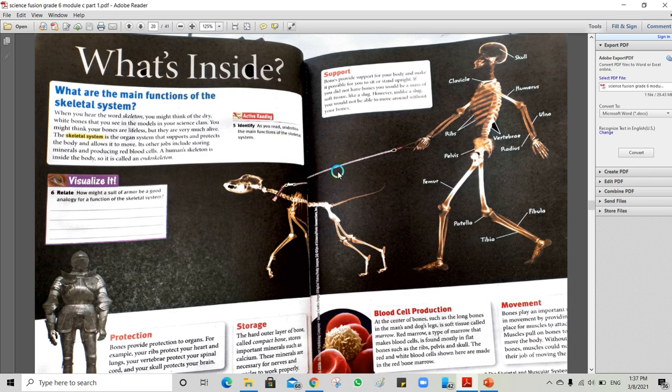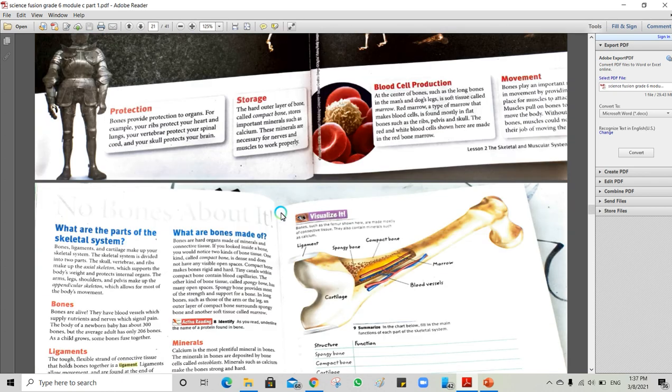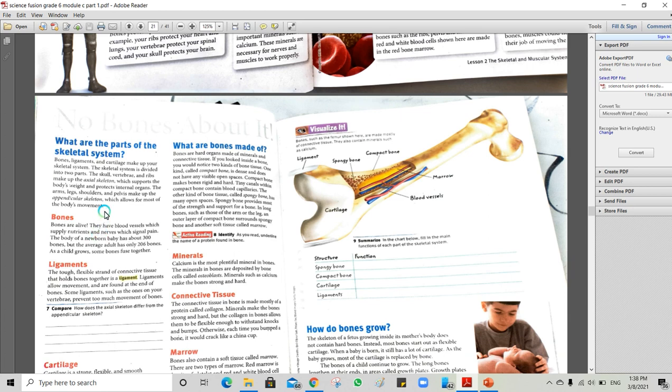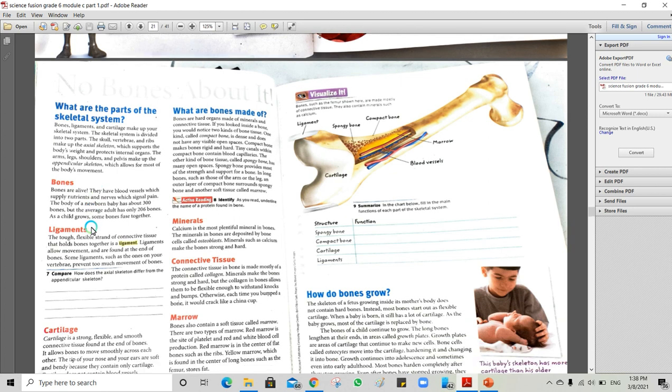Those are the names of bones. So the appendicular skeleton consists of what? Arms, legs, shoulder, and pelvis, and those parts are responsible for movement. Okay, teacher, I am now able to differentiate between the axial and the appendicular skeleton.